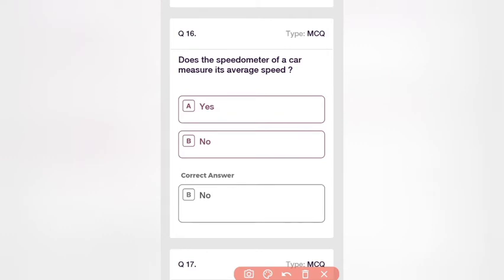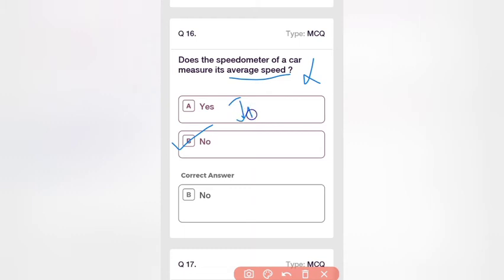Does the speedometer of a car measure its average speed? See, speedometer is an instrument used to measure speed. Okay, instantaneous speed. It doesn't measure average speed. At that particular instant, what is the speed? So therefore, it doesn't measure average speed.